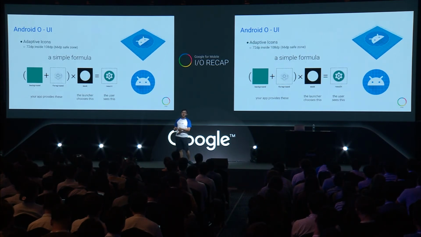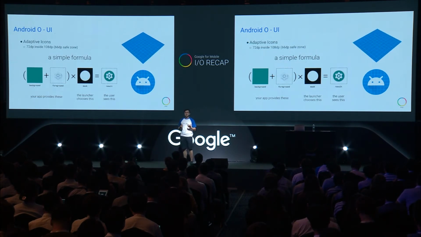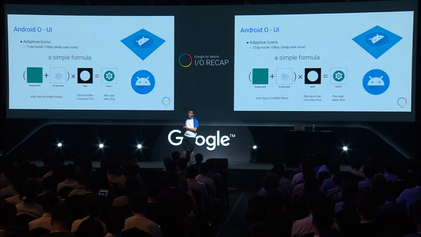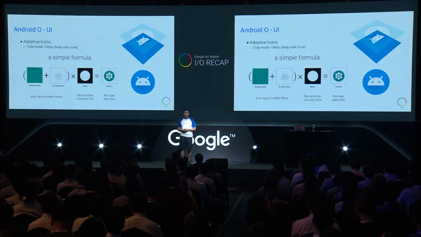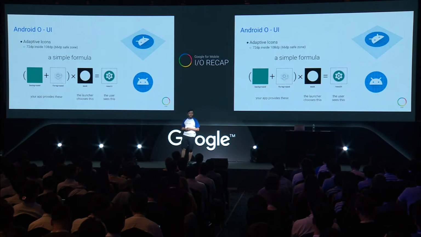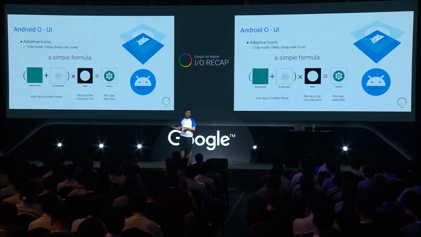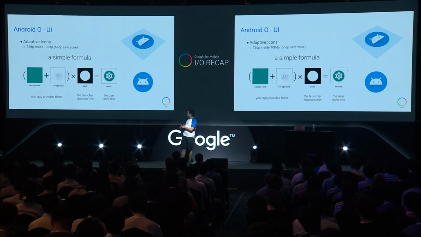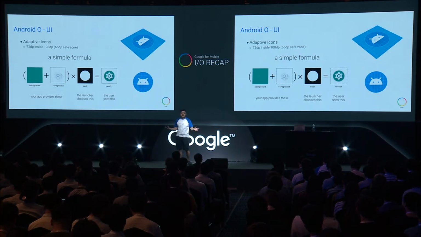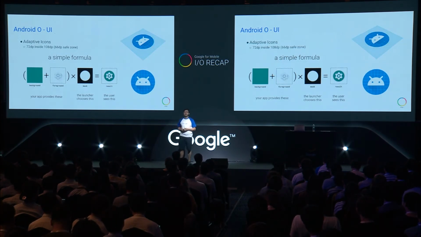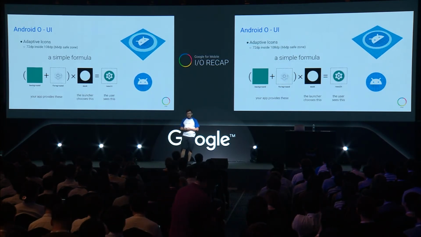So that has been a really painful point for our developers, and that's why we introduced adaptive icons. So all you need to do now is to provide us a background image and a foreground image, and depending on whether the OEM provides a square or round mask, we will use that, combine those, and create the final icons. So this is really useful for developers who have to handle a lot of different OEM devices.